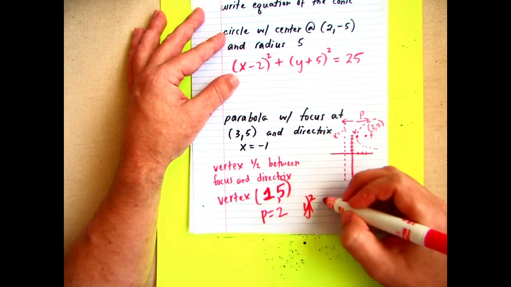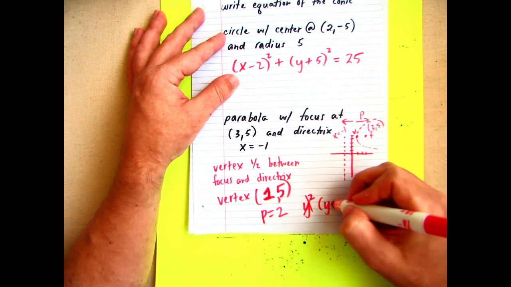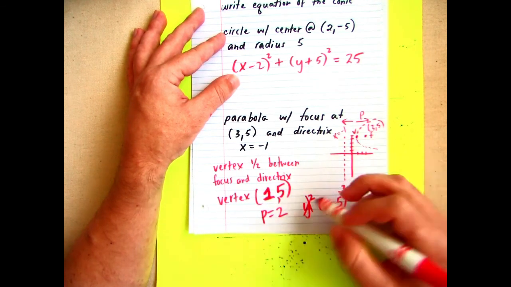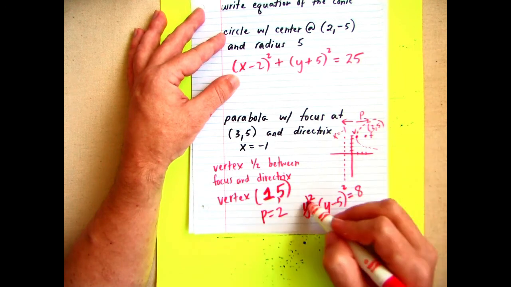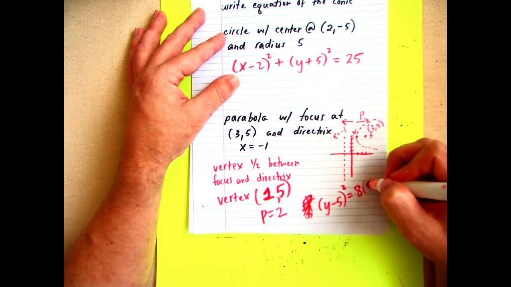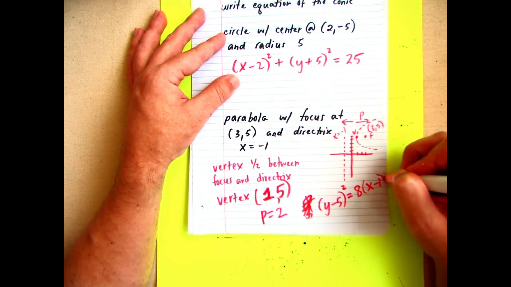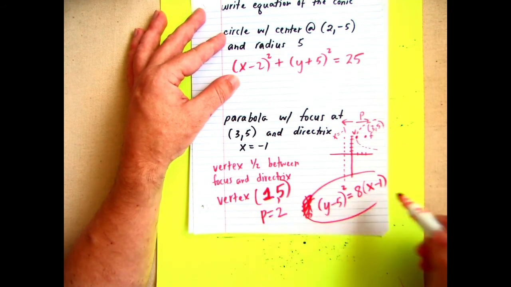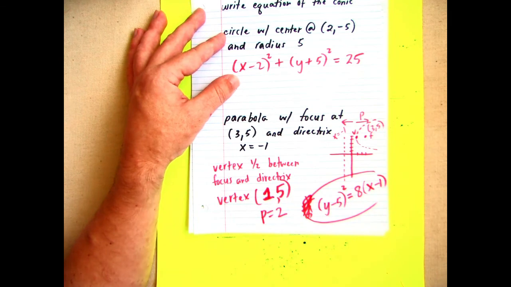So anytime you open right, your y value is being squared. So I got (y - 5) squared. The -5 comes from my vertex value. If p is 2, then 4p is 8. And the last part is (x - 1). Again, having to do with the fact that my vertex was (1, 5).